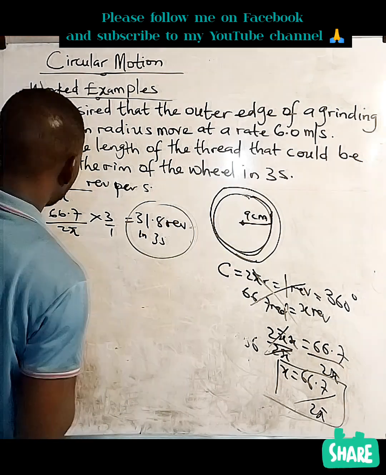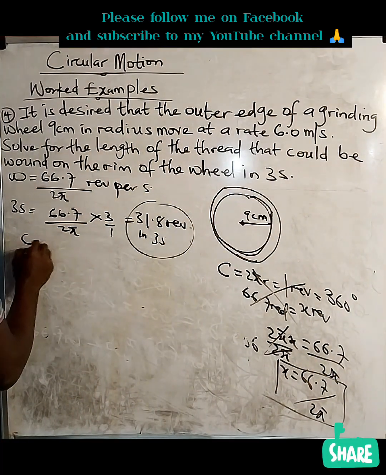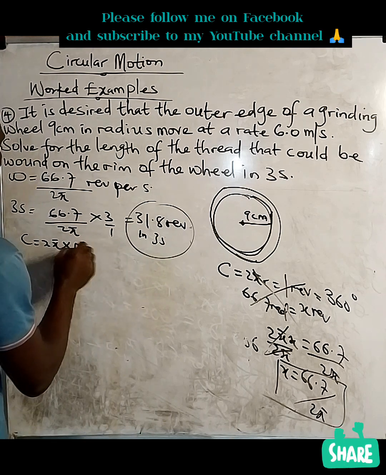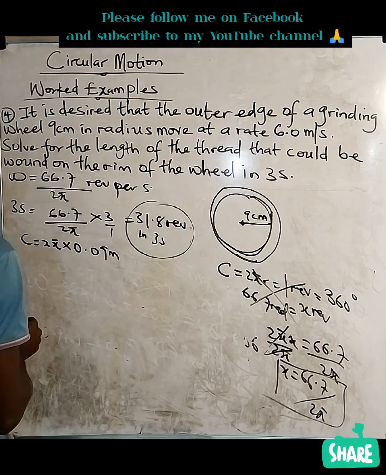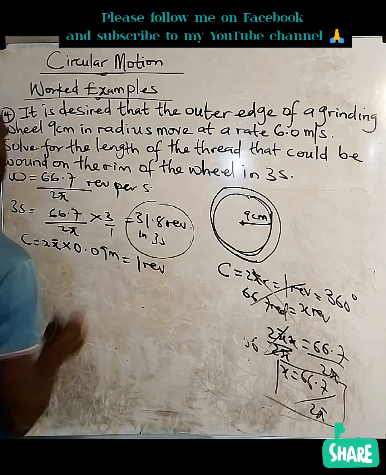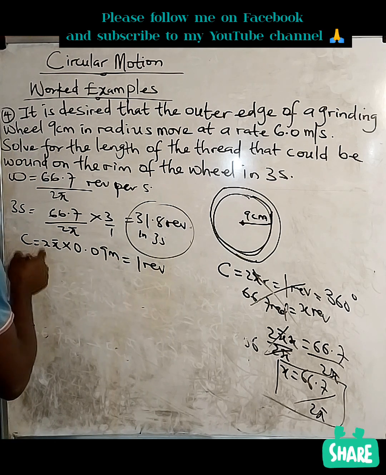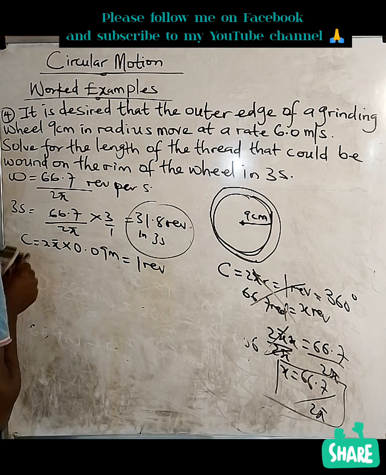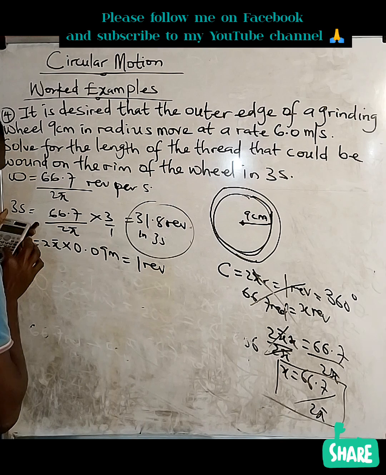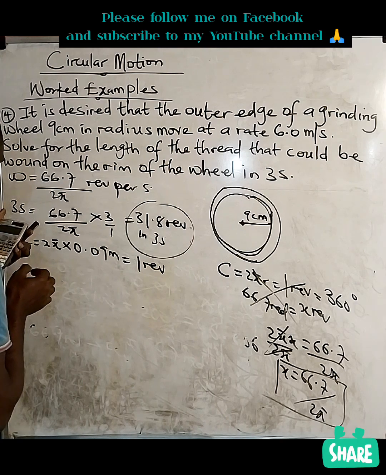So let's get the circumference first. What's that going to be? The circumference around the circle is 2 pi times radius. What's the radius? 0.09 meters. So 2 pi times 0.09 gives us 0.56548.